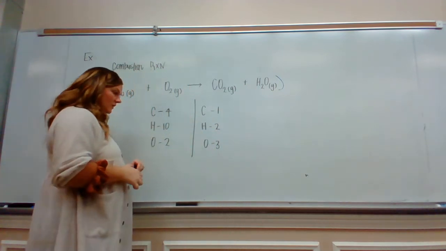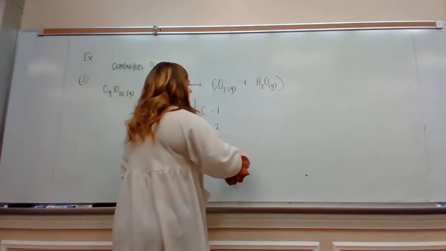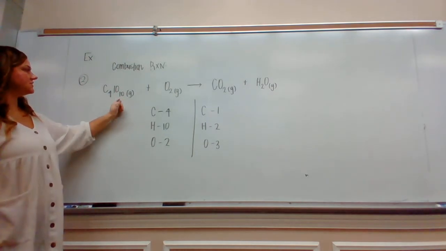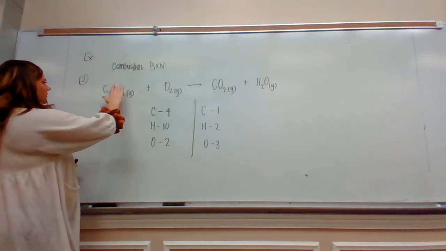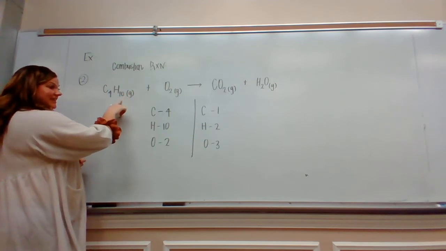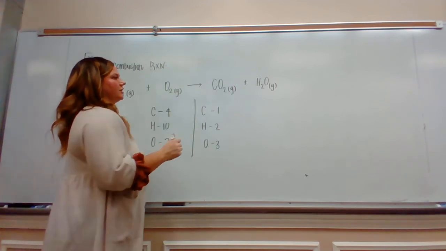All right. Another way to do this is take the number of hydrogens that you have on this side of the equation. So I have 10. Put that as your coefficient in front of water.